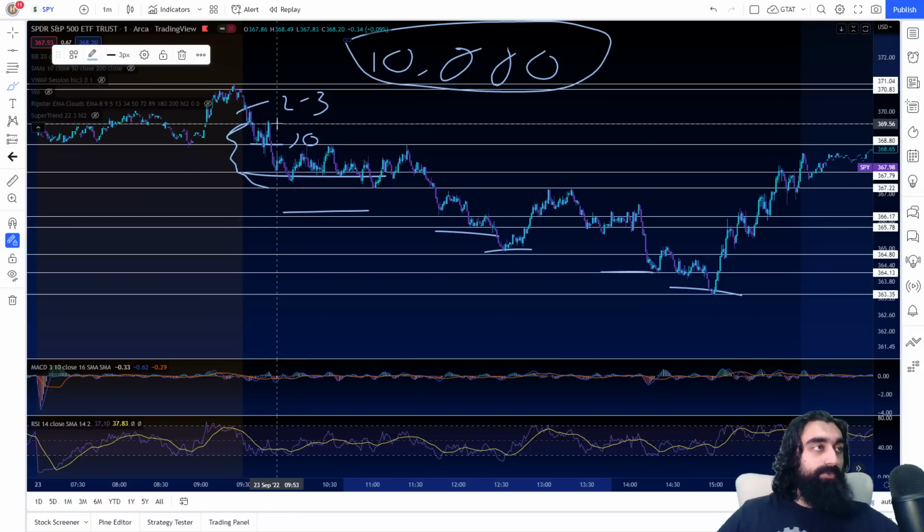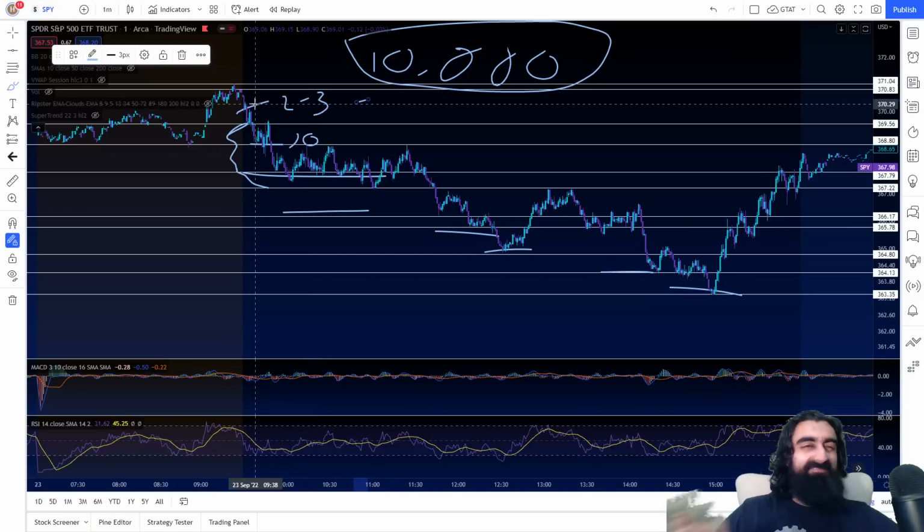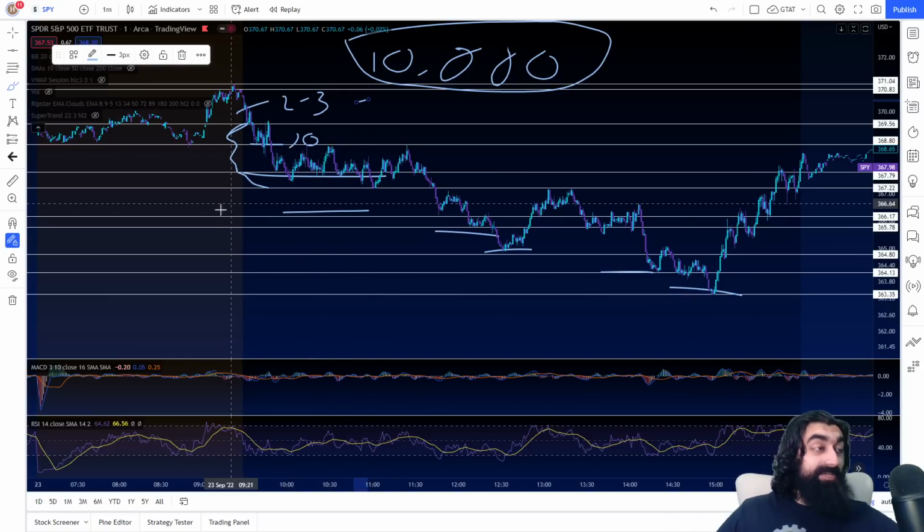But ideally, what you want to do is scale in very, very light in the initial points that you're buying, right? Very, very light. As we continue falling lower and lower and lower, that's when you start averaging in.